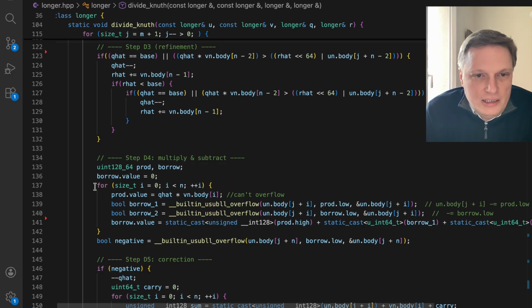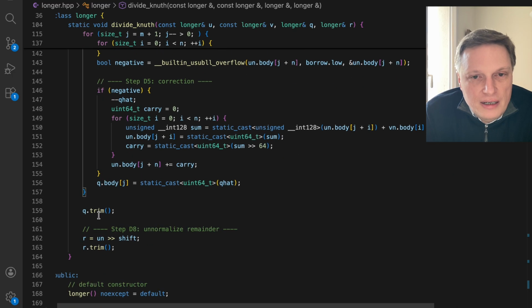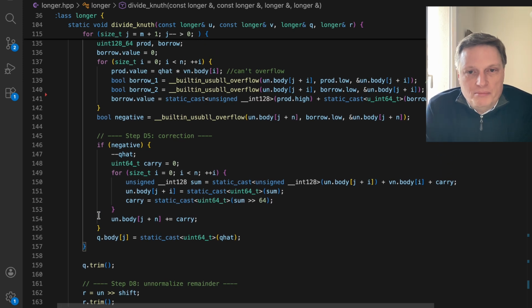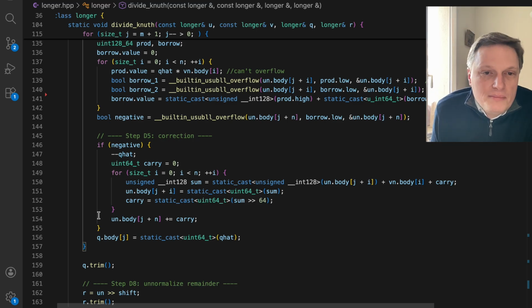But still, no doubt there is a lot going on here, and the computational complexity of this algorithm is O of n times m, where n and m are the sizes of the operands.